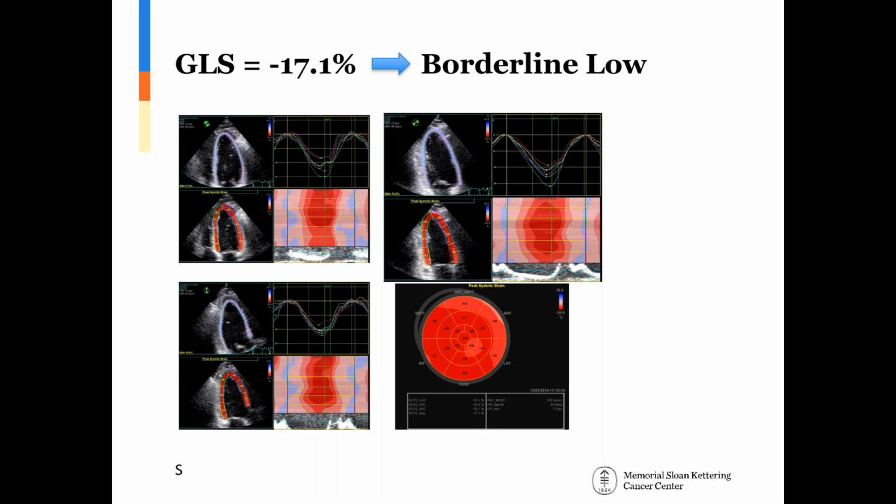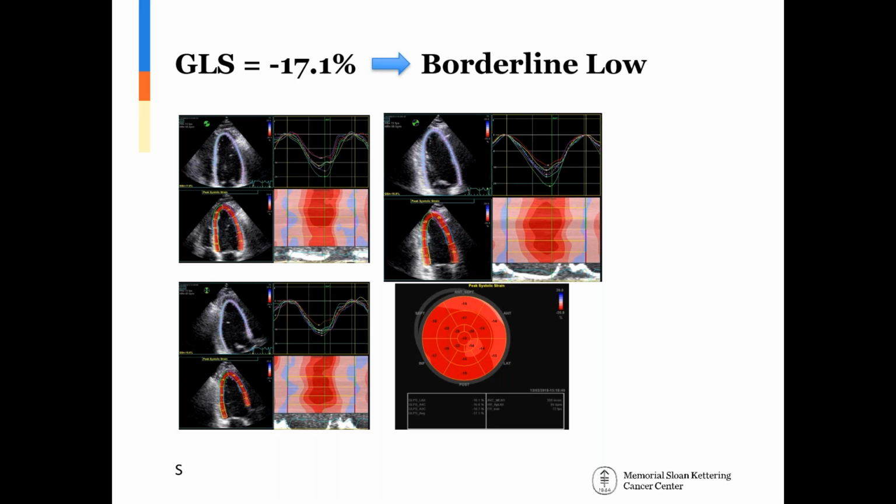Yeah, I think if you remember, GLS is an average of all the segments. I mean, you guys know that. I know that you know that. But if you have several segments that have dropped out, there is no data for that average, and so it will automatically bring the GLS number down.